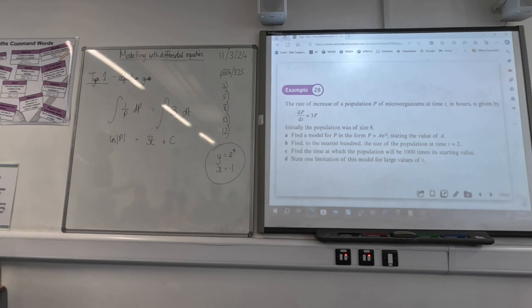I'm umming and ahhing at the moment about whether to write c as ln of k. I'm not going to, but I've got that option of doing it.